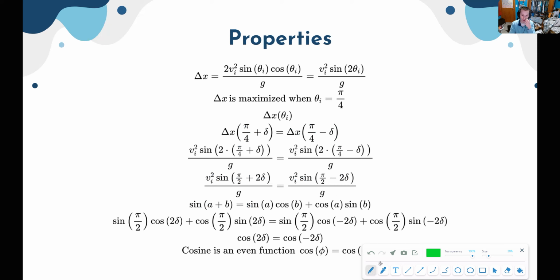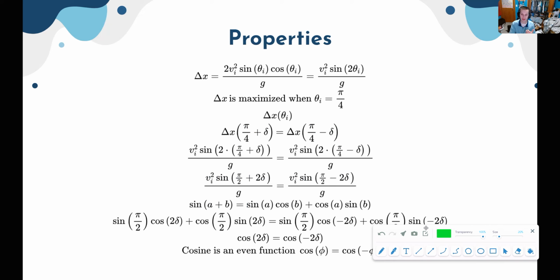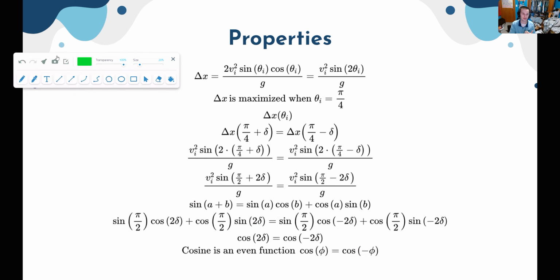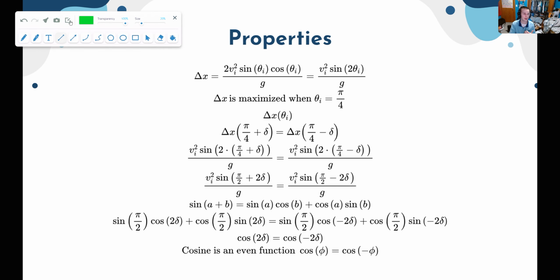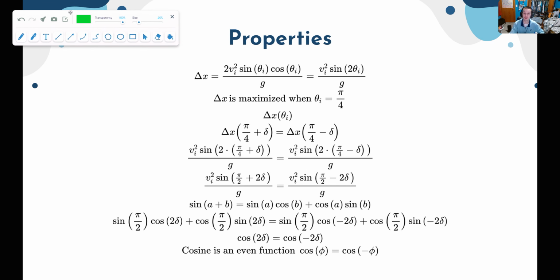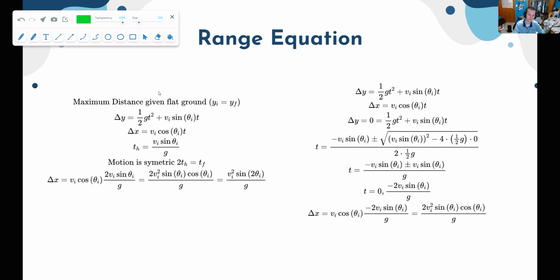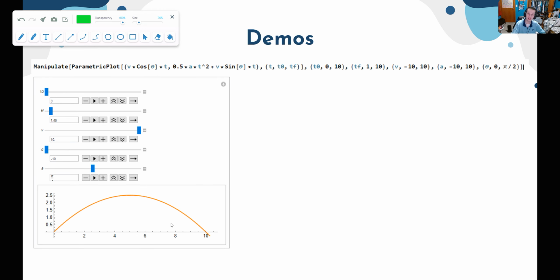So we got an equation here for the range. Are there some properties of this equation that are interesting? And it turns out there are. If we go back a couple of slides, when I was manipulating this, I increased the angle and the distance started going down.